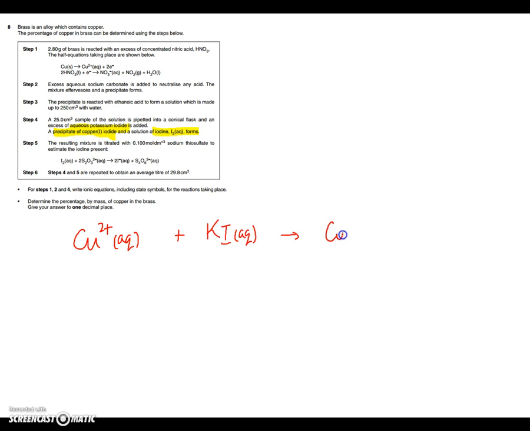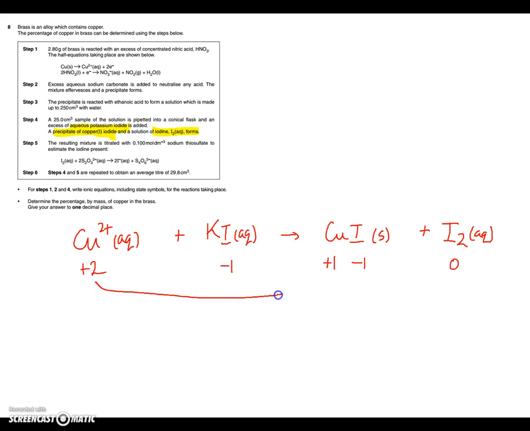And that is forming copper iodide as a precipitate, so that's a solid, and some iodine, and that will be aqueous. So if we look at it, we've got a +2 species here, our iodine is a -1 species, here it's -1, copper here is therefore +1, and this is 0.